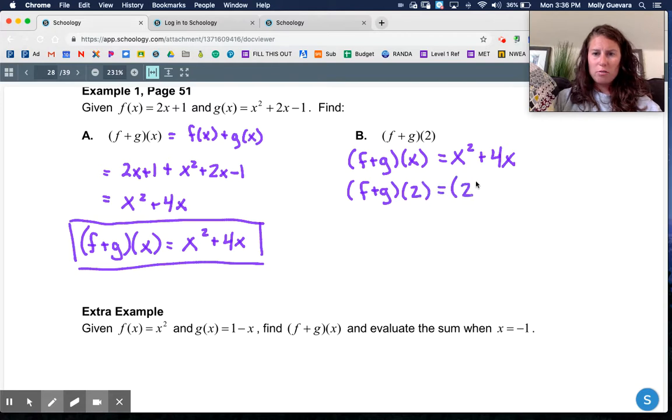So I have 2 squared plus 4 times 2, which gives me 4 plus 8, which is 12. So that tells me that f plus g of 2 is 12.